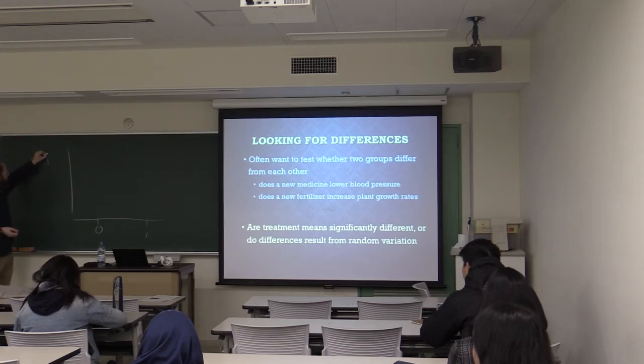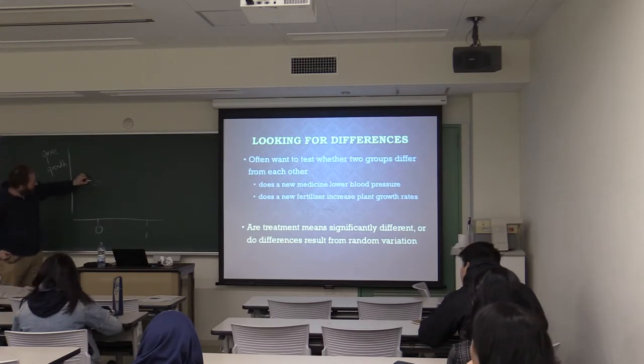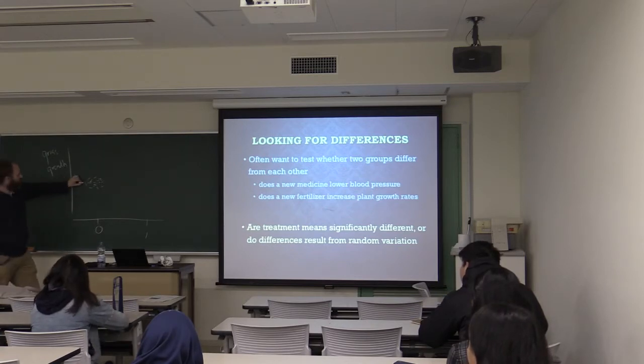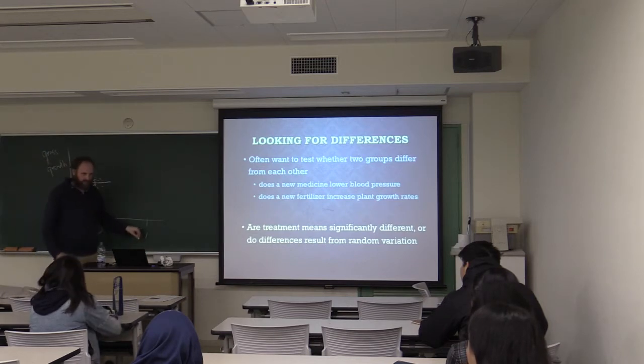Okay, and for our control, our data is like this, okay, that we've got a cloud of data, and they all grow about this much. And we can do a mean, and we can do a standard deviation, and we can do standard errors, and all those kinds of good things, right? And then we've got our treatment, okay.